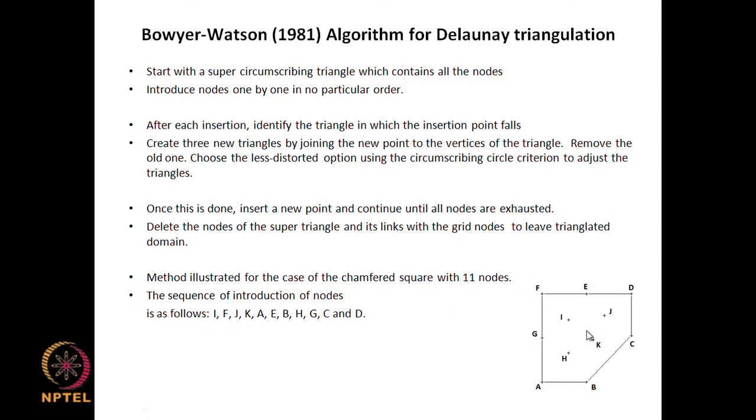So we have chosen to introduce them in this particular order: I, F, J, K, A, E, B, H, G, C and D, just to show that it is not in any specific order. So we will go through what we do after each insertion.